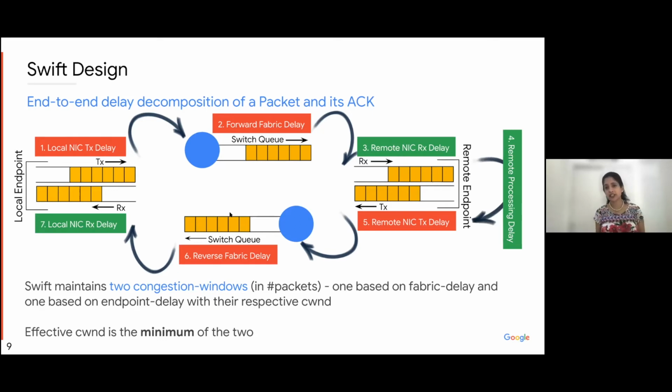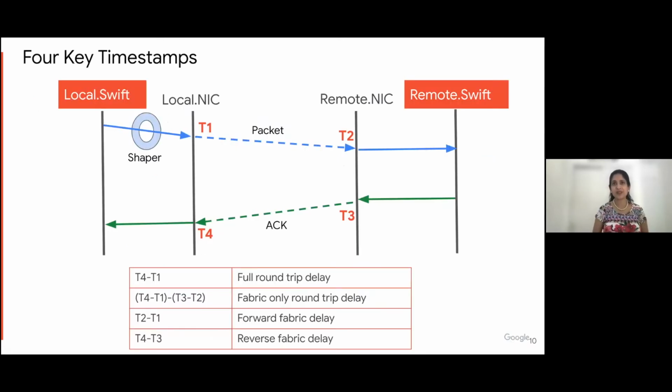And the second congestion window is meant to address the endpoint congestion, where it takes in some combination of the congestion experienced at the local host and the congestion experienced at the remote host. In general, the effective congestion window is the minimum of the fabric and the end host congestion windows.